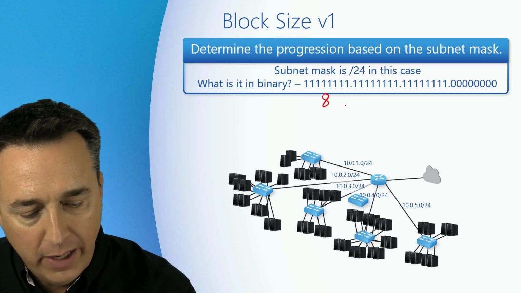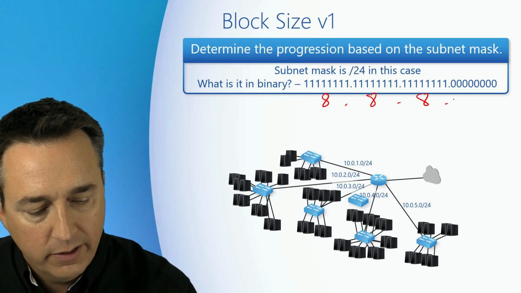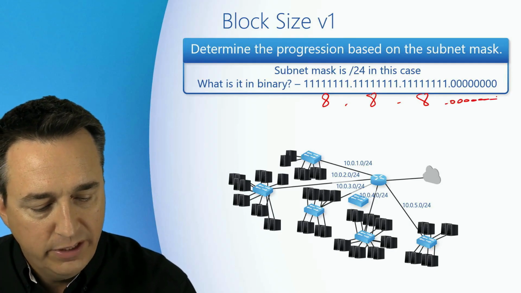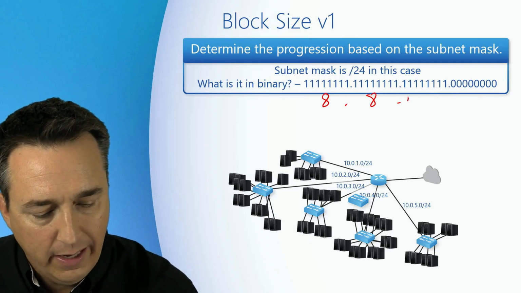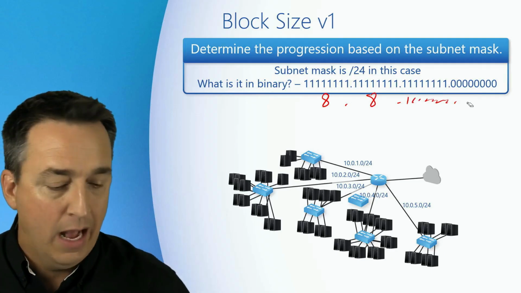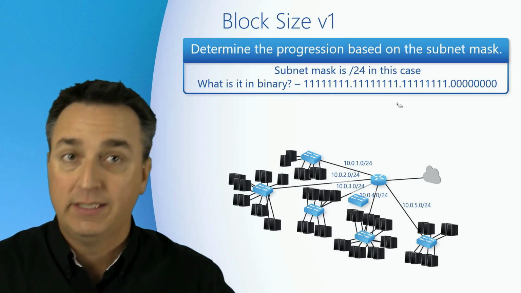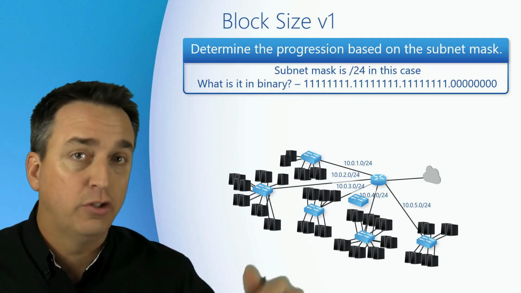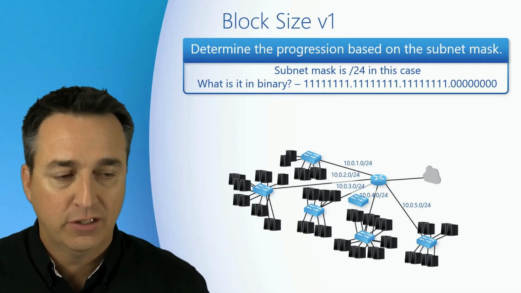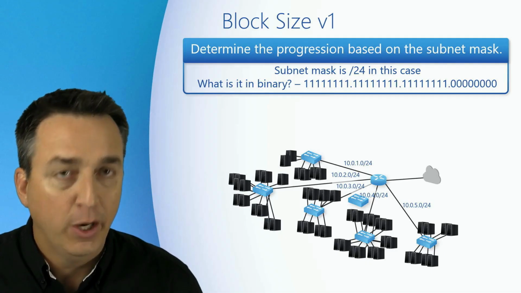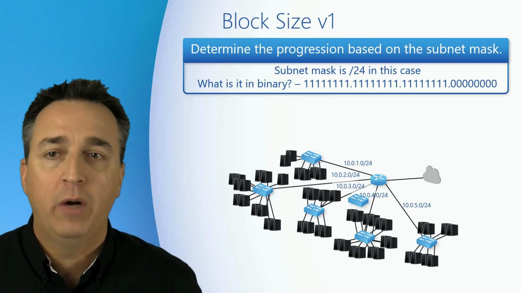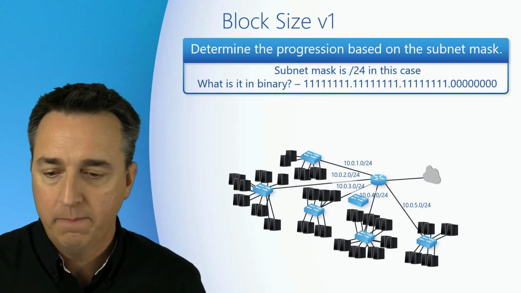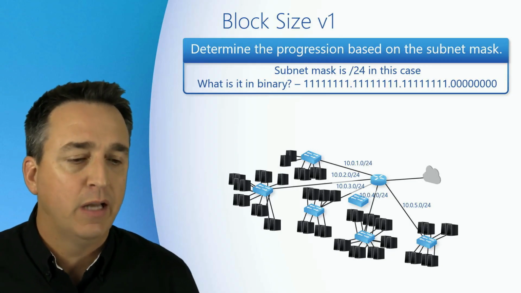I might write down 8, 8, 8, and then the zeros, or 8, 8, 8, 8, 8, depending on how many I need. You're going to see me start doing that in today's session when I show you shortcuts to make you faster. Also, if you memorize some numbers, you don't even have to go this far anymore, and I'll give you those specific numbers as well.